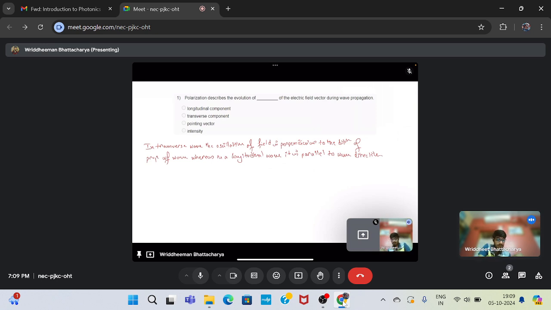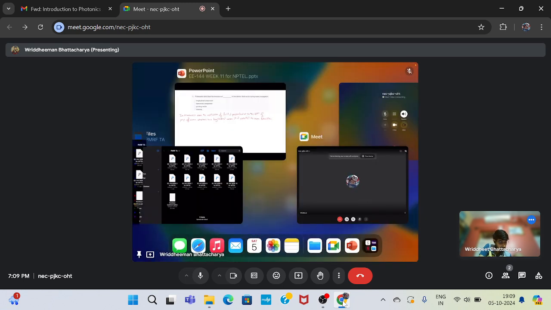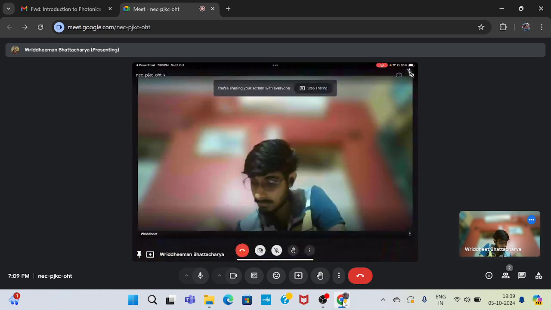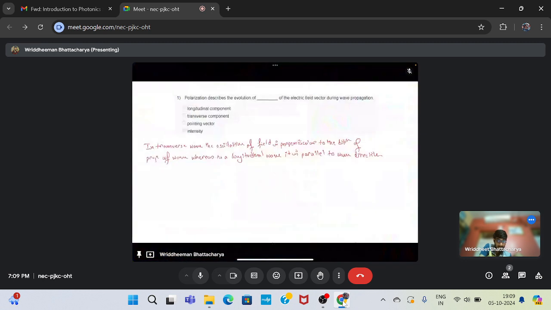So from this statement we could conclude that the transverse component will be the correct one.